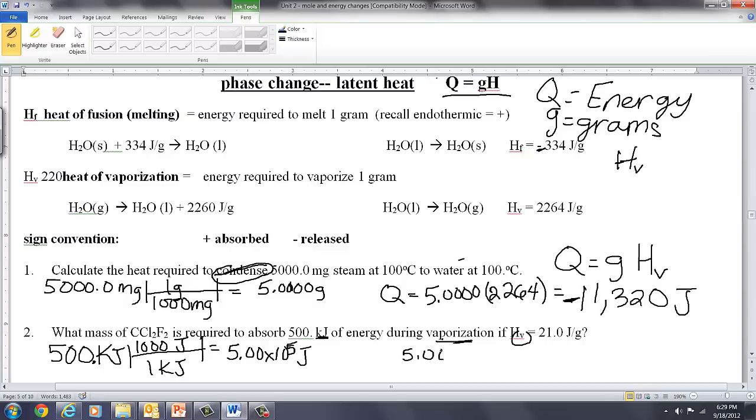That's my heat, that's my Q, times 10 to the 5th. I'm looking for that mass times 21. So then I'm just dividing, 3 significant figures. It's going to take 23,800 grams of sample. That's a large sample, but that's a lot of energy, so that number makes sense to me.